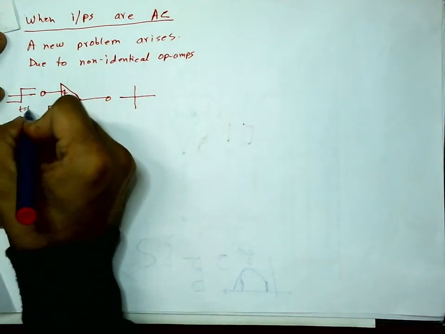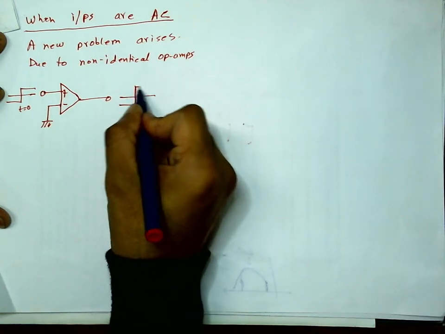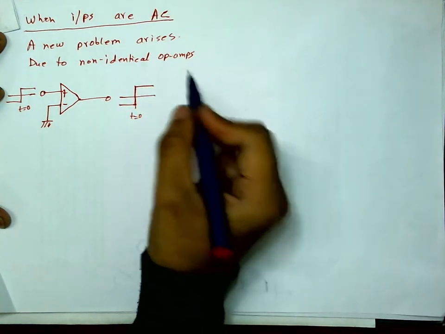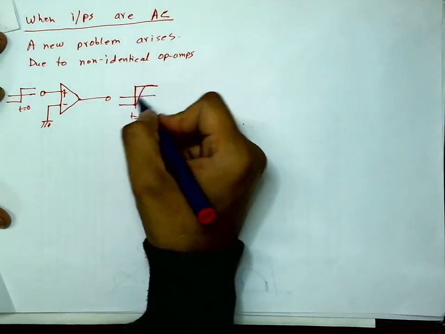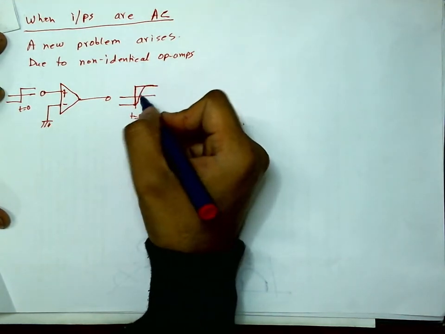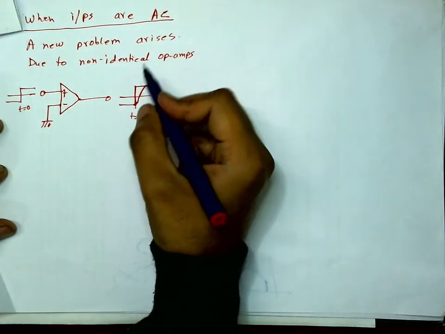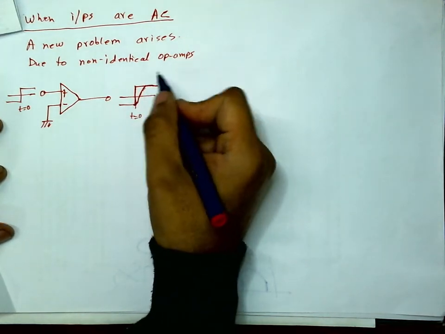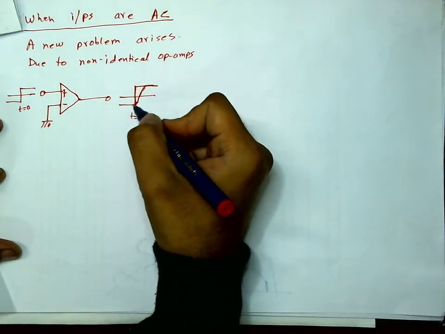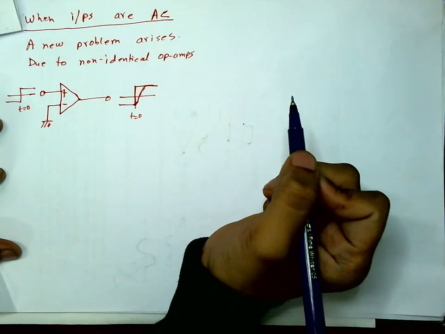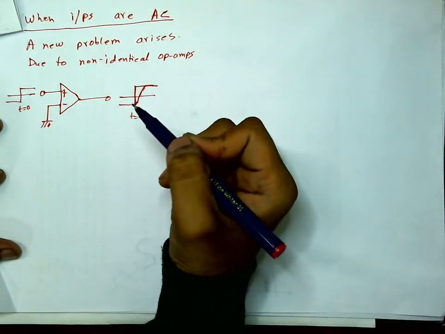If this is t equal to 0, ideally the output should go from minus to plus like this. But practically the output goes like this. This time interval although is very small, and this rate of change of voltage we call it a slew rate, but it takes some time. Okay, but there is a delay, right? So there is a delay, and the amount of delay can vary from op-amp to op-amp.